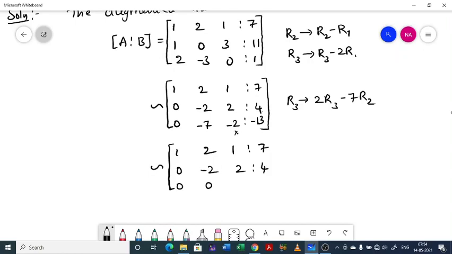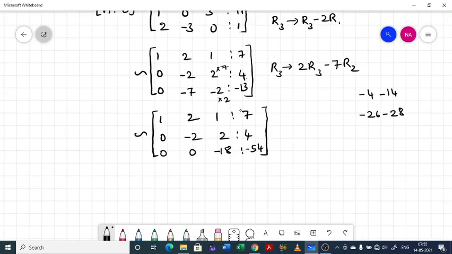Now multiplying this by 2 and this by 7, we'll be getting minus 4 minus 14, so it will be minus 18. Minus 13 into 2, minus 26, minus 7 into 4, minus 28. So it is minus 54.